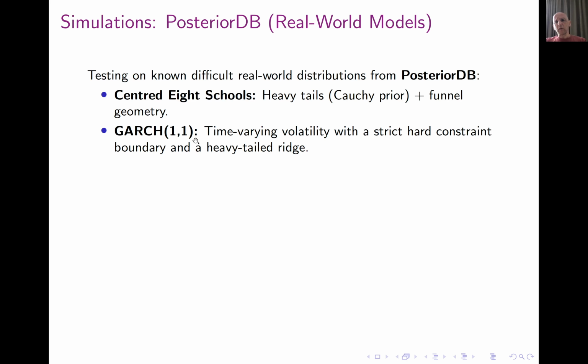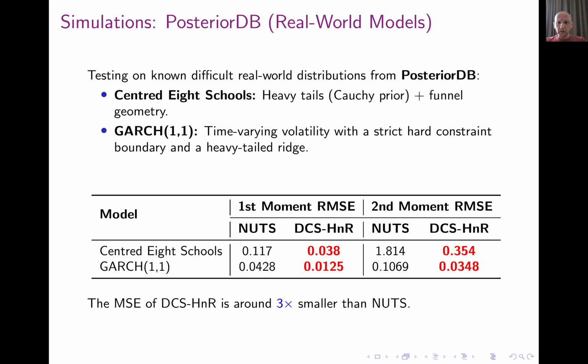And this GARCH11 data set is a time-varying volatility model with a strict hard constraint boundary and a heavy-tailed ridge at this boundary. So both of these examples are actually outside of our theory, but nevertheless they show that our algorithm performs well and is robust in this context.